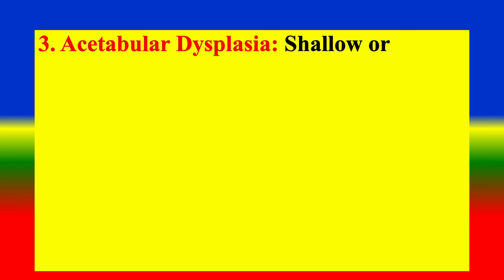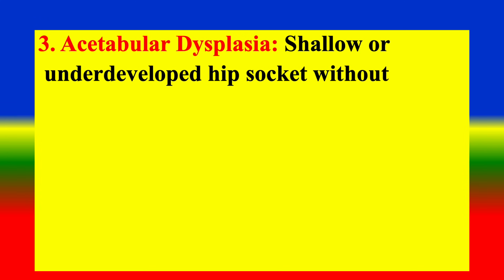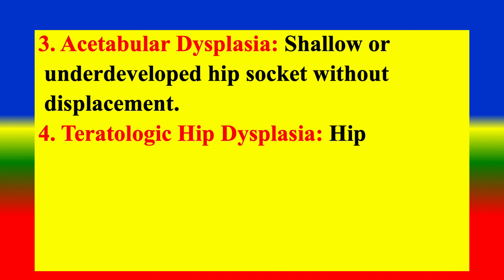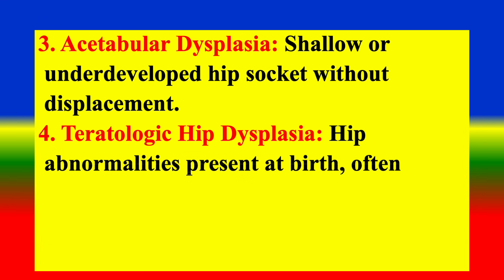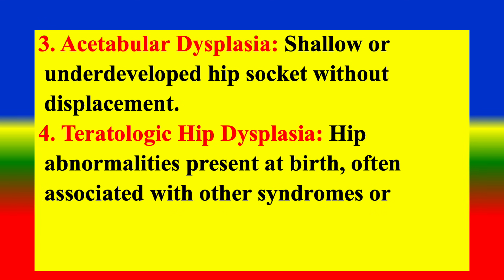Acetabular dysplasia shows an underdeveloped hip socket without displacement. 4. Teratologic hip dysplasia, hip abnormalities present at birth, often associated with other syndromes or conditions.